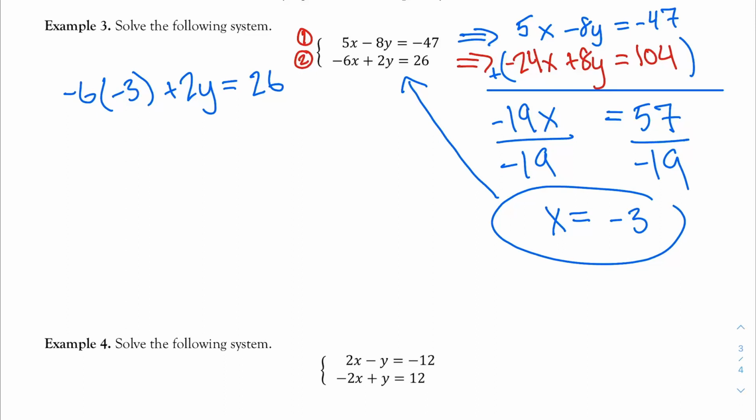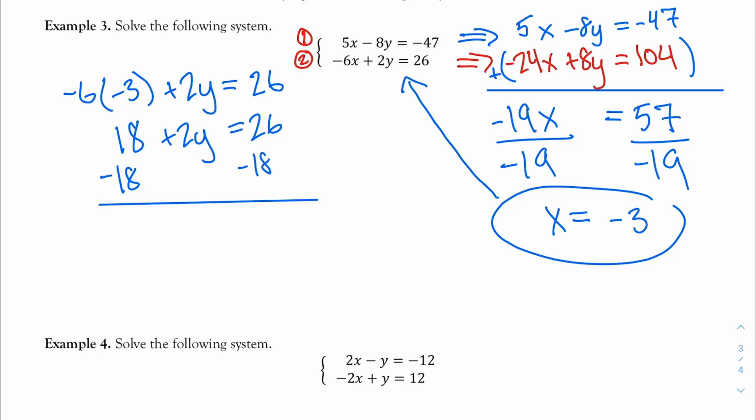Now I can clean this up, giving me 18 plus 2y is equal to 26. To continue to solve for y, I would subtract 18, giving me 2y is equal to 8. And then dividing by 2, giving me y is equal to 4.